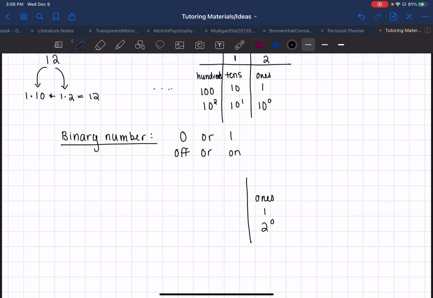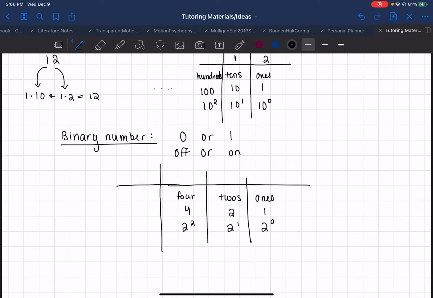But instead of having a tens place, we're going to have a 2, 2 to the 1, a 4, 2 to the 2, and I'll take this out to 8, 2 to the 3, and 16, 2 to the 4, and again, this would go on for infinity. And these could be 0 or 1.